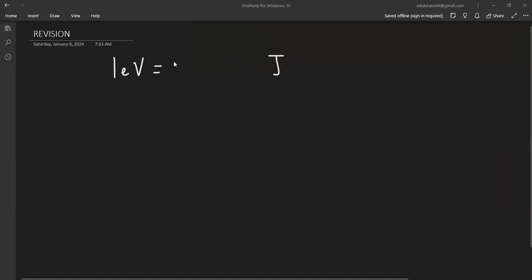You multiply it by 1.6 into 10 to the power minus 19. Very good, correct. The electron volt is a commonly used unit of energy in atomic and nuclear physics. So that's why this will be given in the modern physics section and the semiconductor section especially.